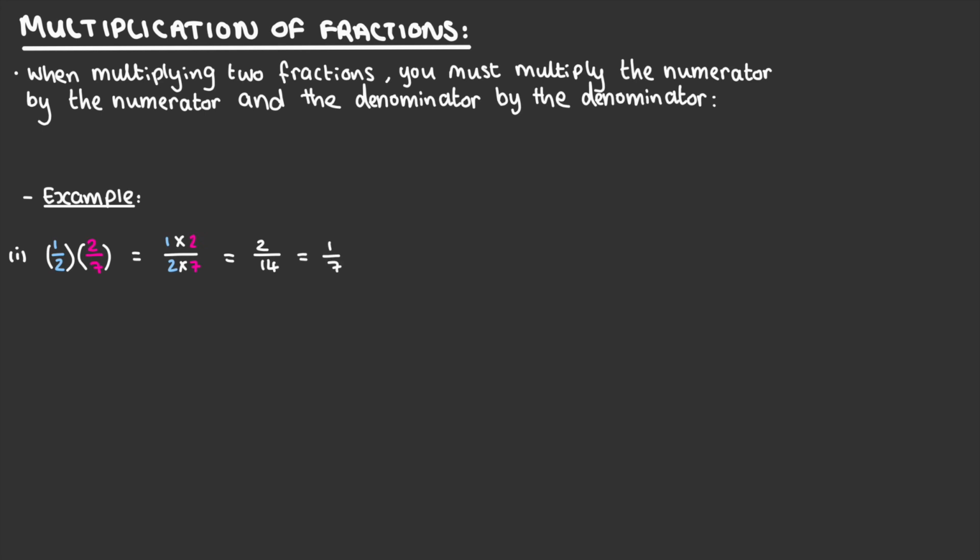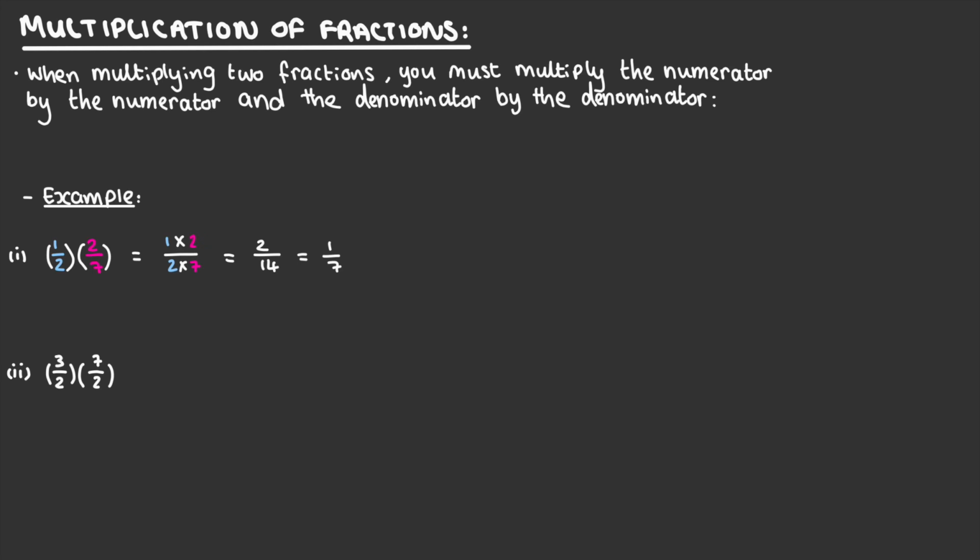2/14 can be simplified to its equivalent fraction 1/7 by dividing the numerator and the denominator by 2. So here we have 2 divided by 2 is equal to 1, and 14 divided by 2 is equal to 7. In the next example, we have 3/2 being multiplied by 7/2.